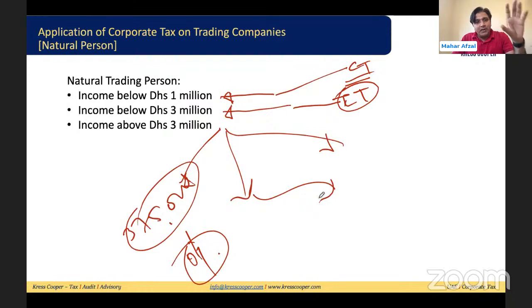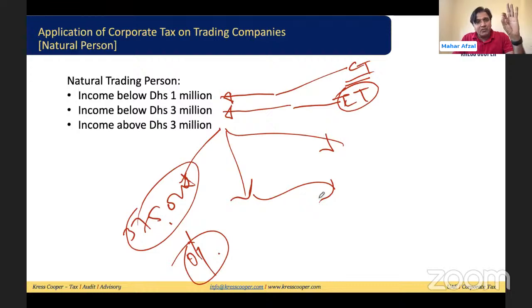So the important thing in the natural person is 0% privilege is not available to the natural person. 0% qualifying income privilege is only available to the qualifying free zone person. For the natural person, it doesn't matter. The natural person is in the free zone, natural person is out of the free zone. In both of the cases, they're out of the 0% privilege, but the special privilege has been given to the natural person.